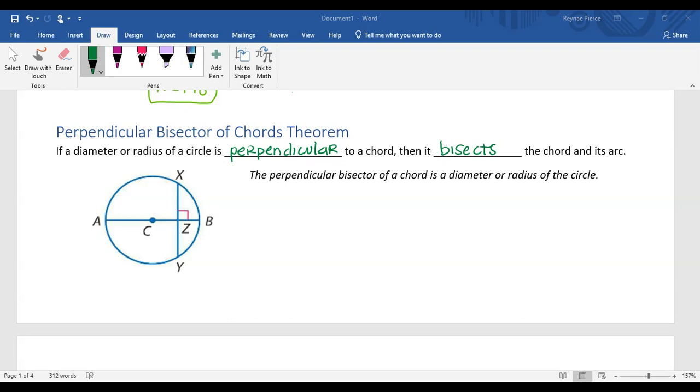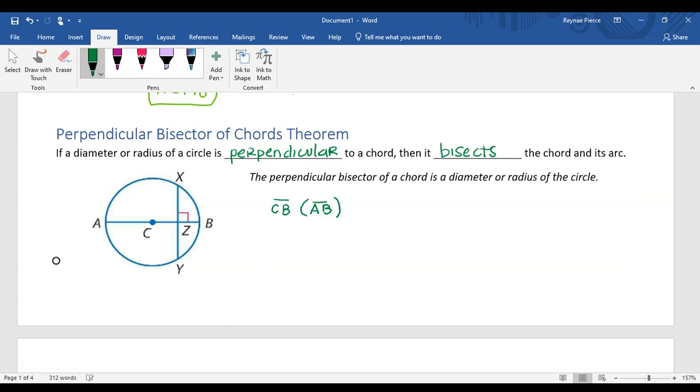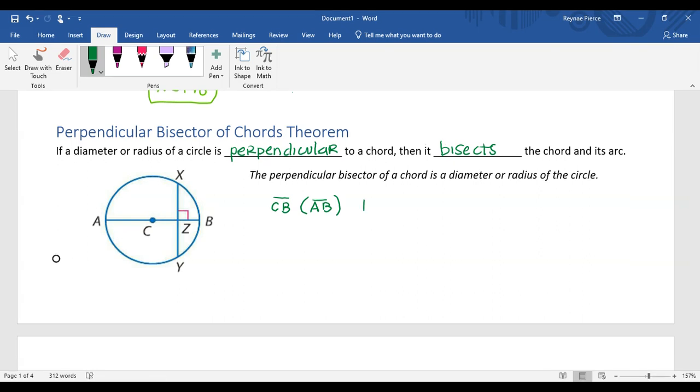Here we've got CB, the radius, or AB, the diameter. Since it is perpendicular to that chord XY, that also means two things: that it bisects the chord, which means XZ is congruent to YZ.